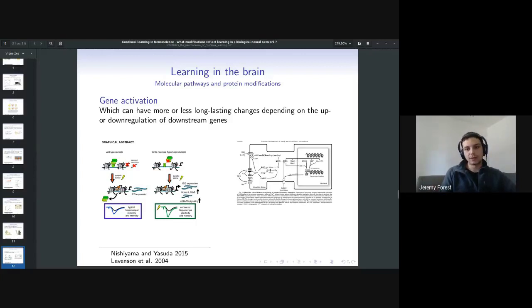Basically this is to show the same thing: you have a whole lot of proteins, a whole lot of complexity, which is not something you can see in artificial neural networks for now, in how those mechanisms, those long-term potentiation and depression, last in time.